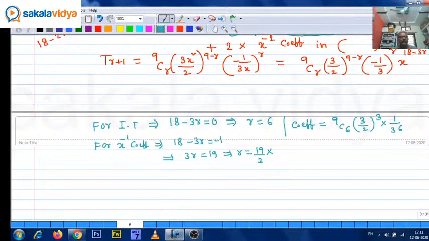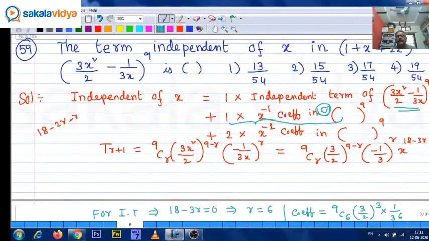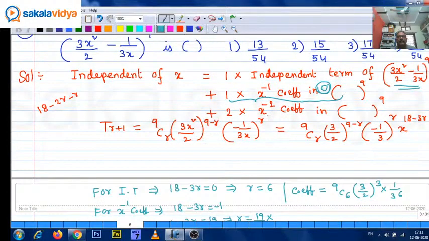The x to the power of minus 2 coefficient. For that, 18 − 3r is equal to −2. So 18 plus 2, 20, equals 3r. The r value is 20/3. It's not an integer, so this also does not exist. This will be 0.